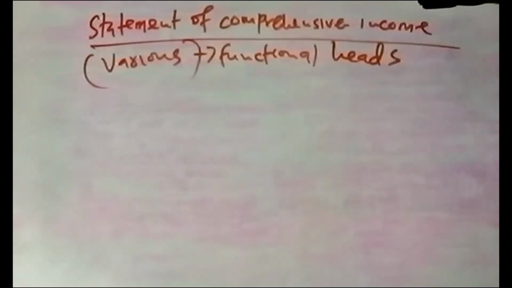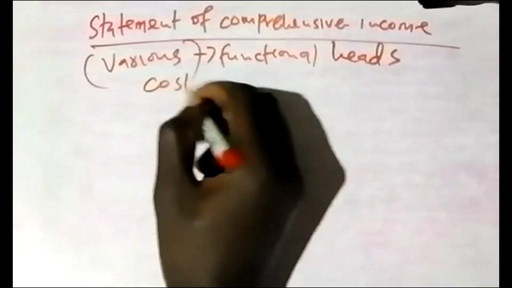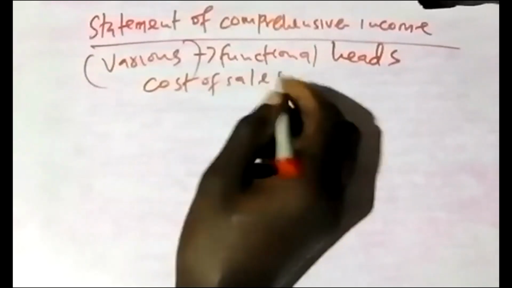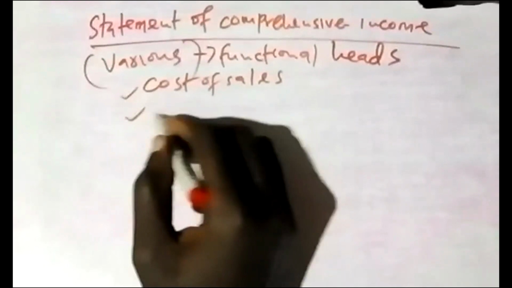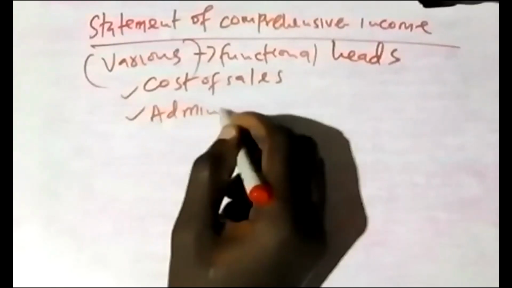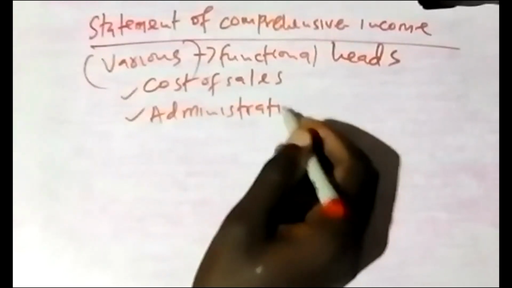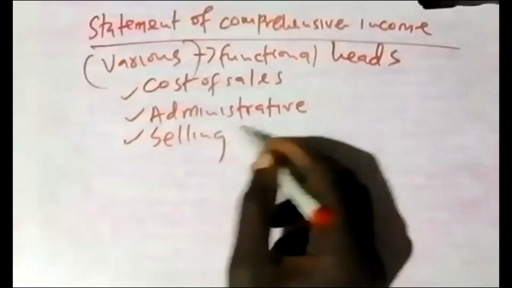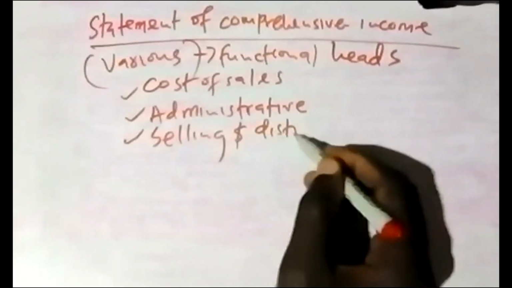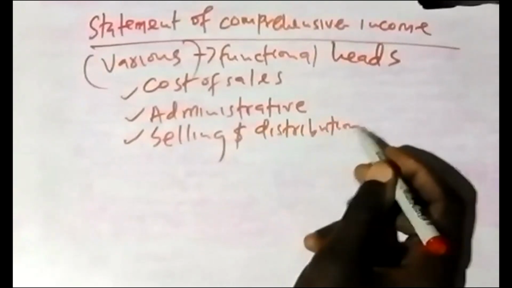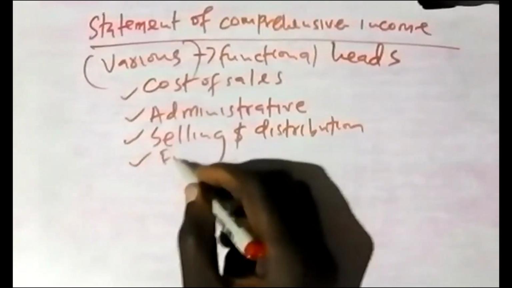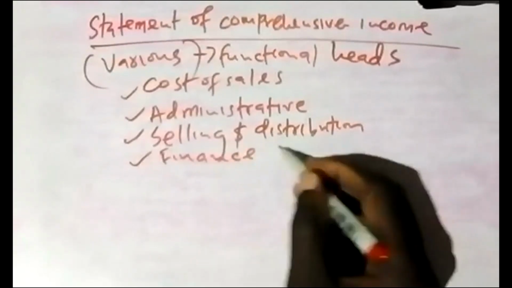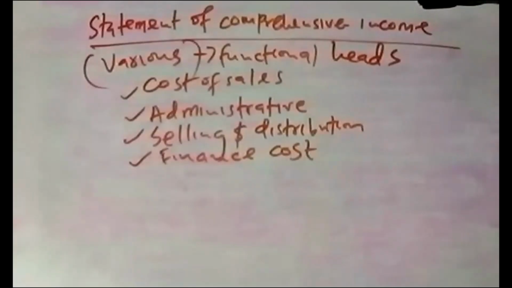Expenses can be classified under cost of sales. Some expenses will be classified under administrative cost, that is obviously related. We have selling and distribution. And at the same time, some expenses like interest can be classified under finance cost.